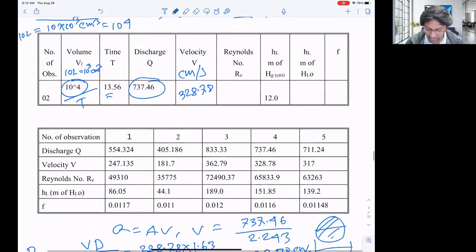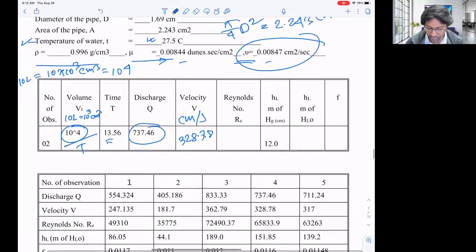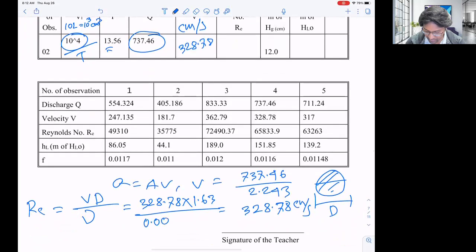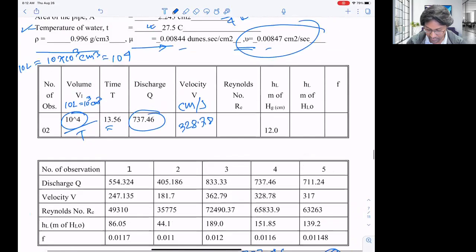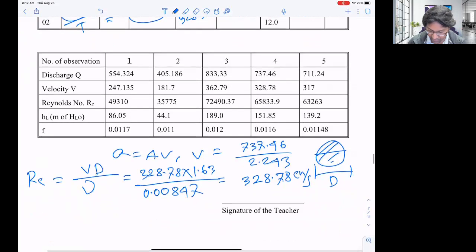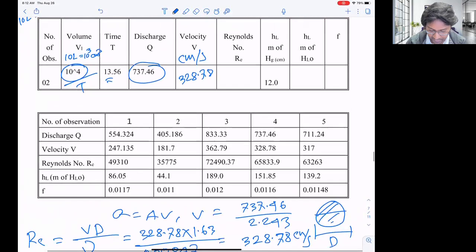We calculated the value of nu, 0.00847 centimeter square per second. So we have this velocity multiplied by 1.69 and divided by 0.00847, and it is huge: 63,272. It doesn't have any unit, so it's definitely a turbulent flow.